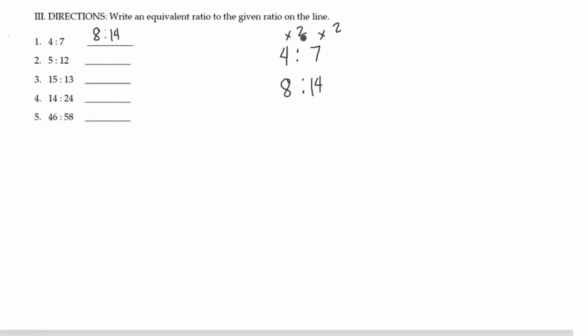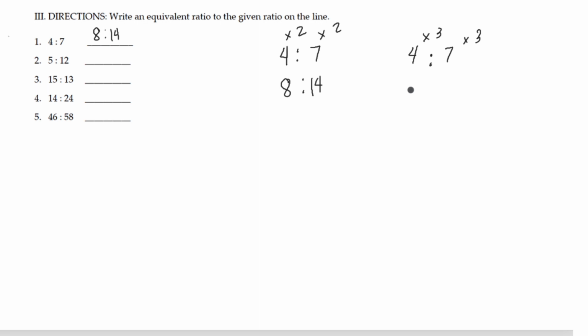Again, you can use 3, pero kailangan tatandaan nyo to ha. Kung saan nyo minultiply yung first number, dun nyo rin same number din yung imumultiply nyo dun sa second number. So, kung gusto nyong gamitan ng 3, so let's say 4 times 3, and then 7 times 3.